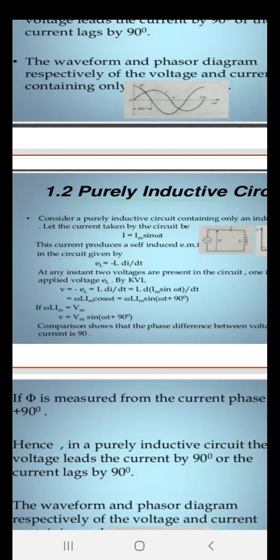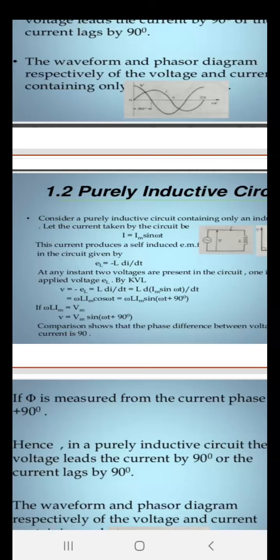Then L is common, d of Im sin omega t divided by dt, gives omega L Im cos omega t, which is equal to omega L Im sin(omega t plus 90). So omega L Im is equal to Vm.